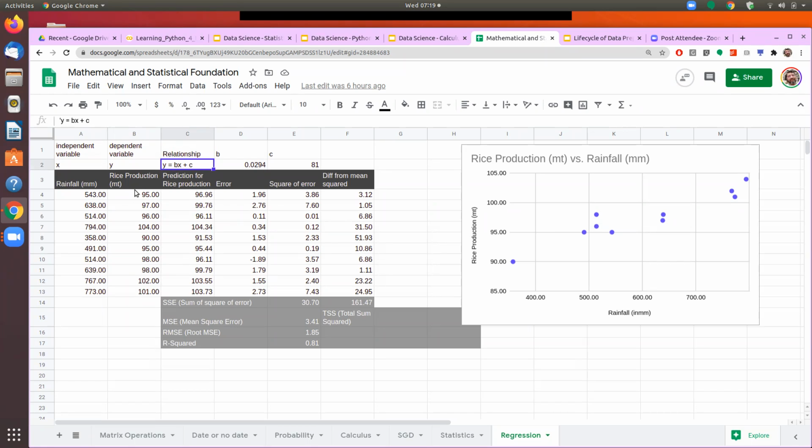It means that my y is some multiple of x, and that multiple could be positive or negative, plus there could be some constant. So we can change the values of b and c, and we will start. First we'll forget about the constant part.